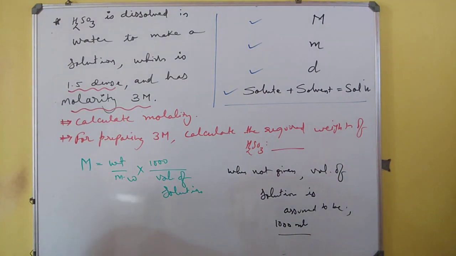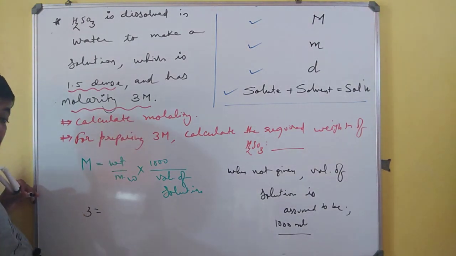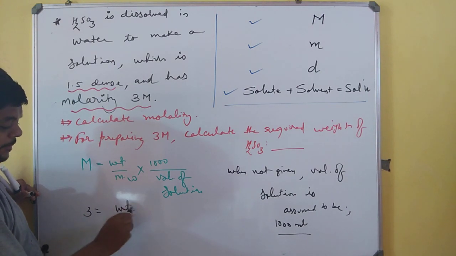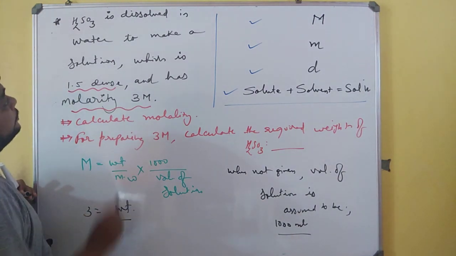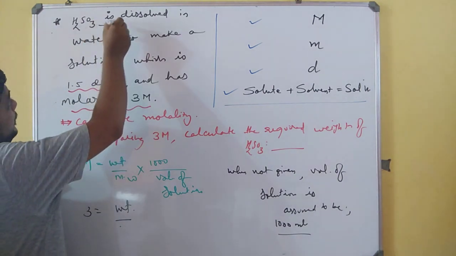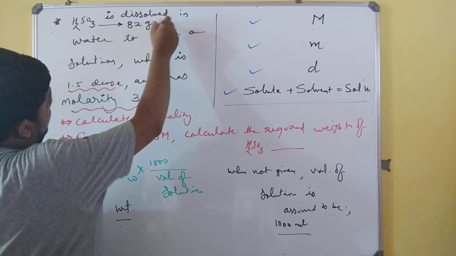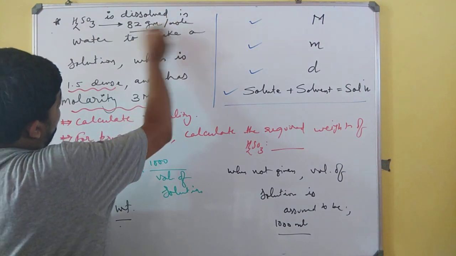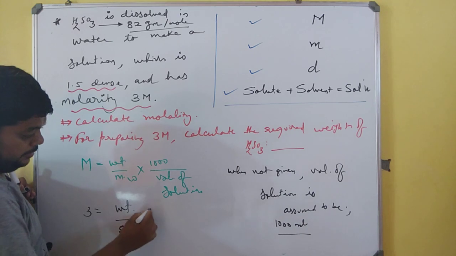See now what happens at this particular point. Molarity, it is 3 molar. Weight, I am supposed to find out. Molecular weight for H2SO3, I will ask you to calculate, and you will end up by writing 82 gram per mole. So it will be in the denominator.